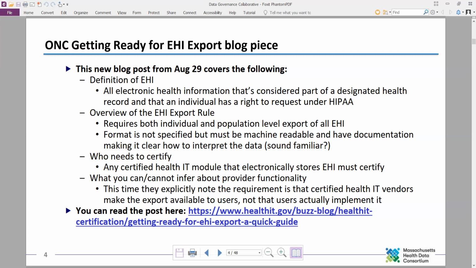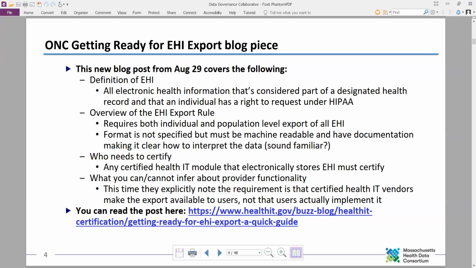What they are very clear about is that what they're imposing is a requirement on certified health IT vendors that they make the EHI export functionality available to their users, and that there is no explicit requirement that users implement it. They said, keep that in mind as you interact with information blocking and other considerations.